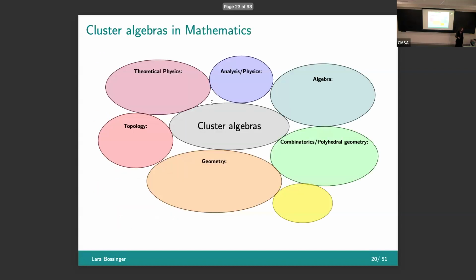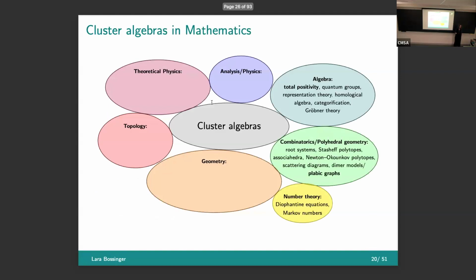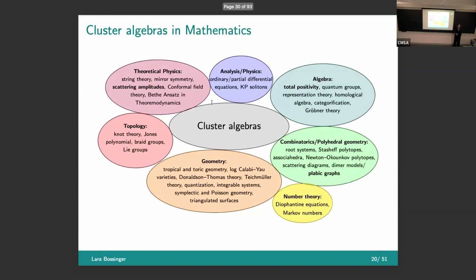I took this from my standard colloquium talk on cluster algebras, where I usually spend more time motivating cluster algebras, because depending on the audience, they might think I'm very eccentric in my math. So here's a not complete picture of where we can find cluster algebras in mathematics and beyond. If you have a favorite topic like algebra, combinatorics, geometry, topology, or more in the physics direction, theoretical physics, analysis, just choose your bubble and see if one of the topics mentioned interests you.